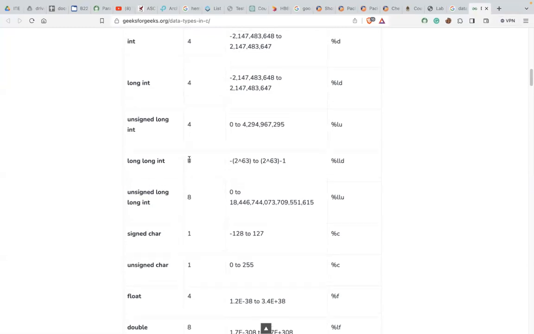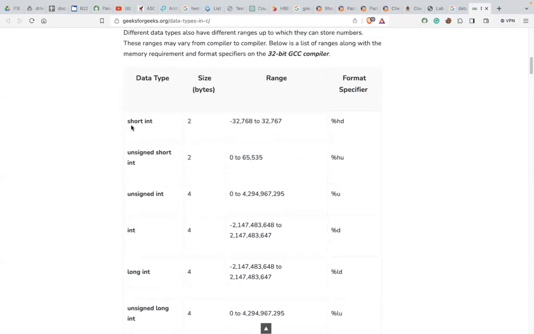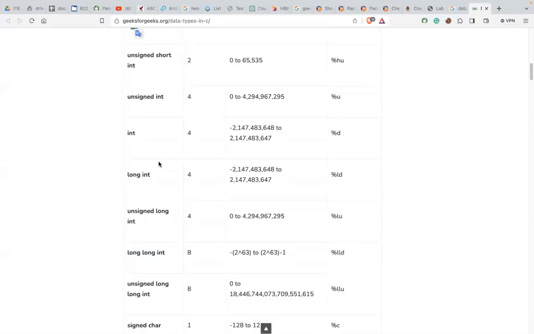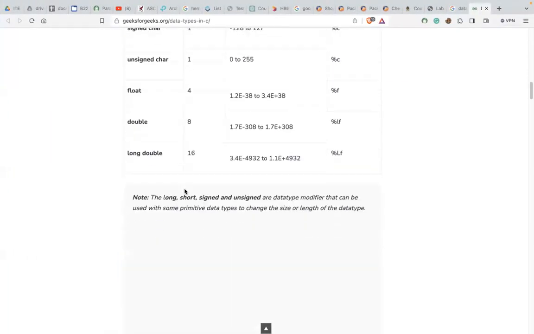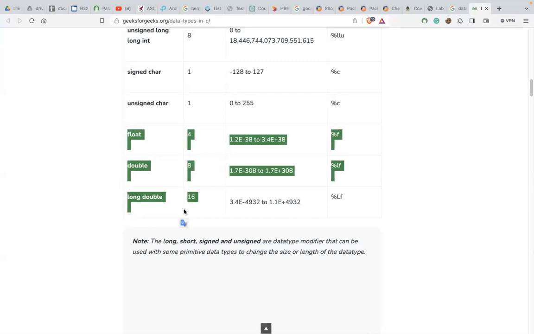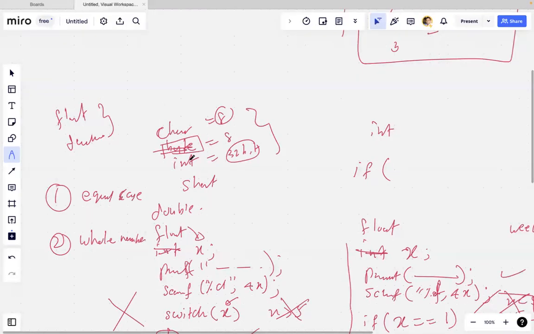Int, long int, unsigned long int, integer variables, and short int variables can be used in switch cases, but floating point variables are not allowed in a switch case statement. That is the mistake I want to show you, that I did with the byte data type. There is no byte data type in C language.